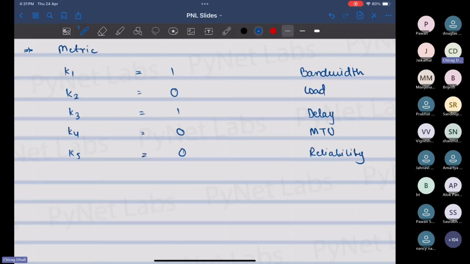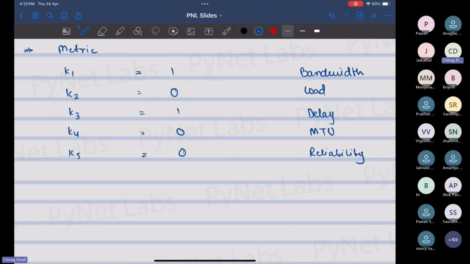So the amount of time which it takes to get through the interfaces is what we consider delay. Then MTU is the maximum transmission unit, where we specify what maximum size of packet can be transmitted over a given interface. And lastly, reliability is how reliable that interface is if I want to send some traffic over it. Make sense? All these values are used together in EIGRP metric calculation.